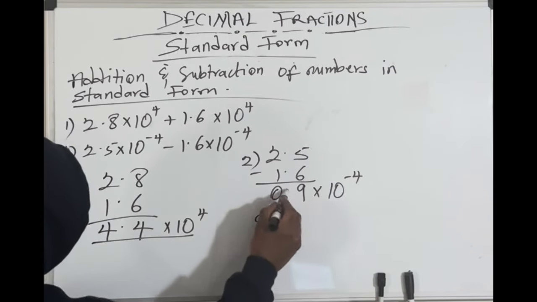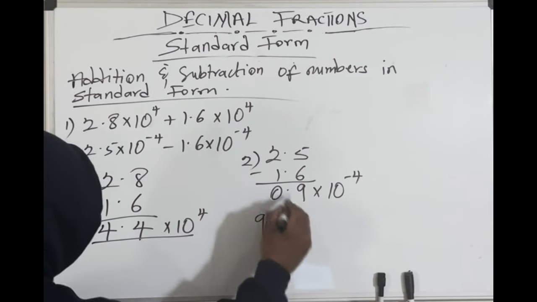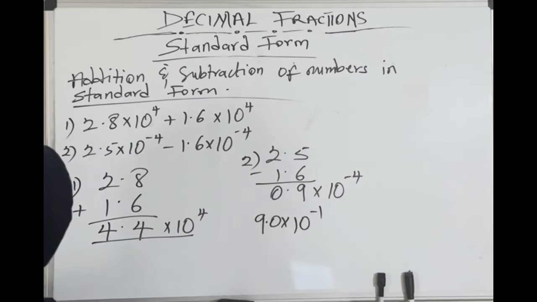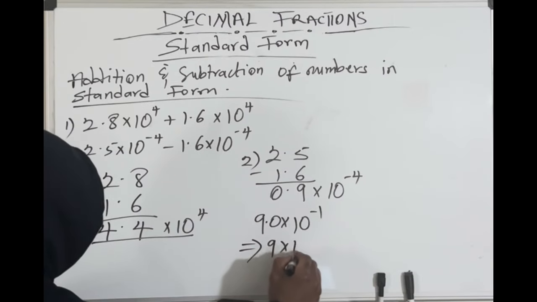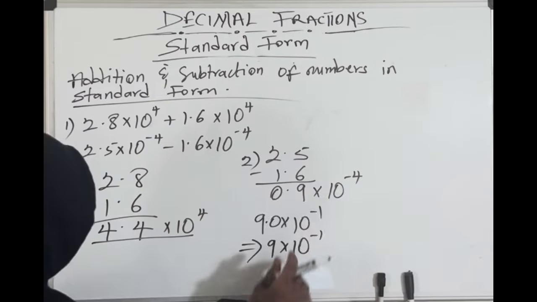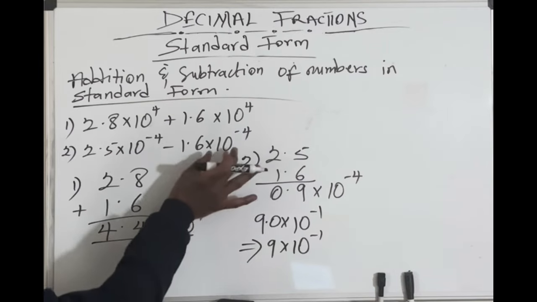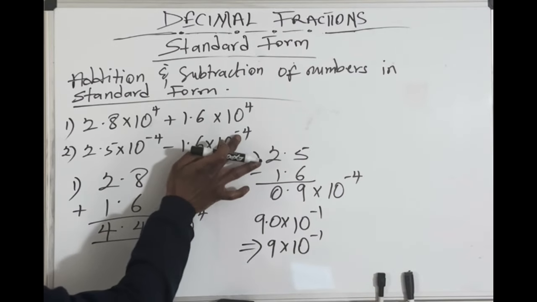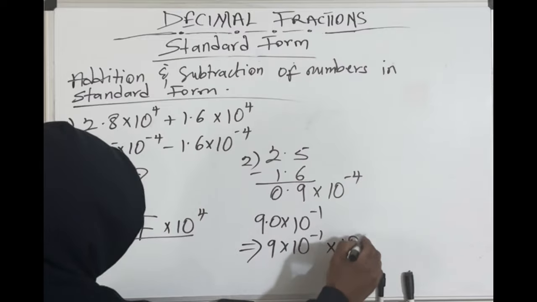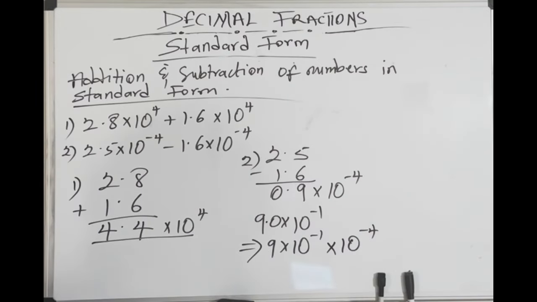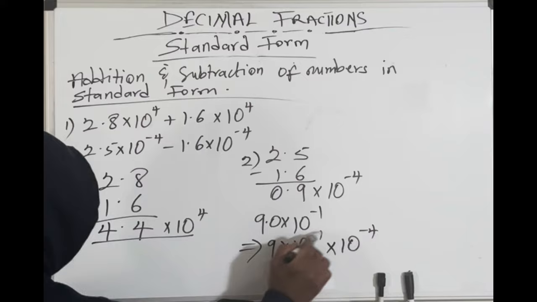So 9.0, because we move how many times? 1 time, negative 1. Okay, and this can also further be written as 9 times 10 to the negative 1. But remember that we have 10 raised to the power negative 4. All right, we need to add the powers.